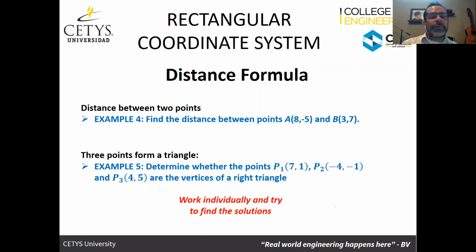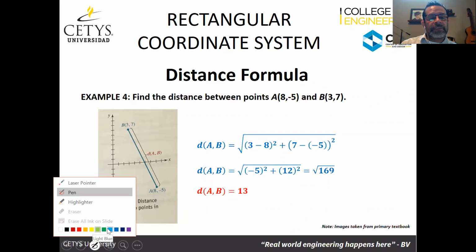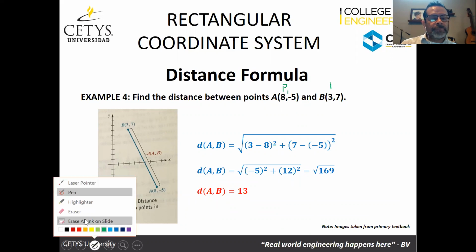So let's look at example 4. We've got 2 points, (8, -5) and (3, 7). What we're going to do is apply the expression. I'm going to call this point P1, and this point here is going to be P2.